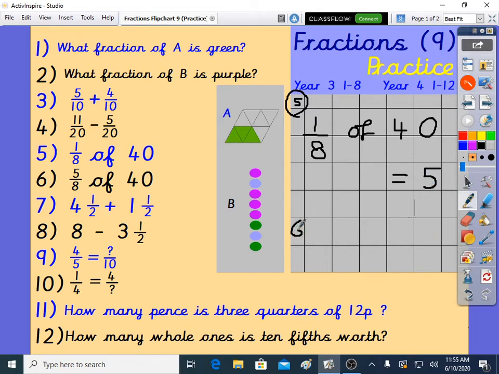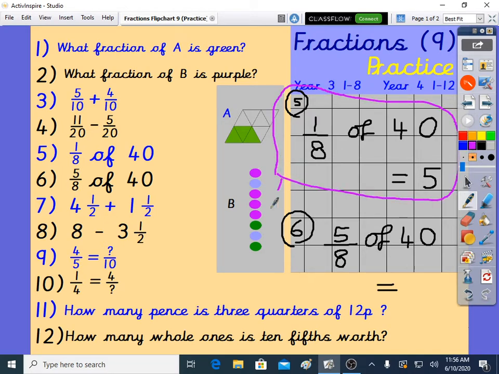Question 6 is connected, because it's not 1/8 of 40, it's 5/8 of 40. This is officially a Year 4 level question, really, but many Year 3s, I think, will be able to do this as well. 5/8 of 40 is going to be bigger than 1/8 of 40. 1/8 of 40 was up here, wasn't it? And it was just 5. But now we're going to do 5/8 of 40. So it's going to be bigger.